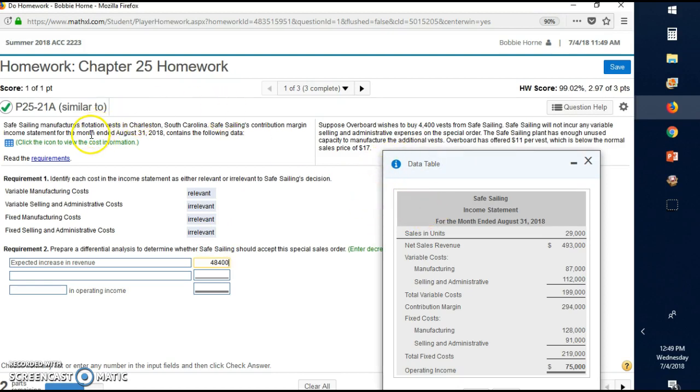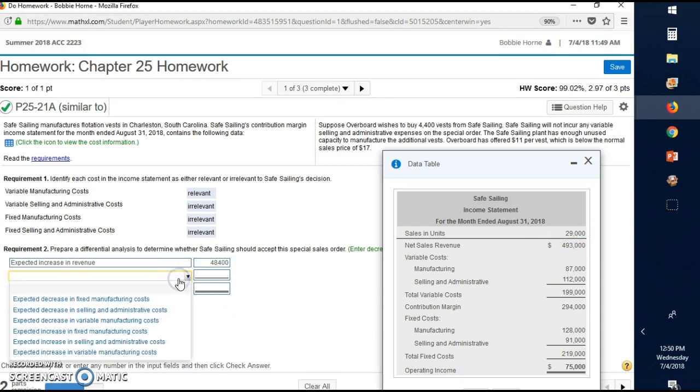Now, it says that this is for 29,000 units, and it cost us 87,000 to make these 29,000 units. So the cost per unit, if you divide that, would be $3 per unit.